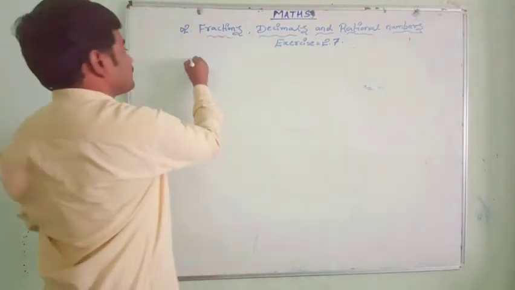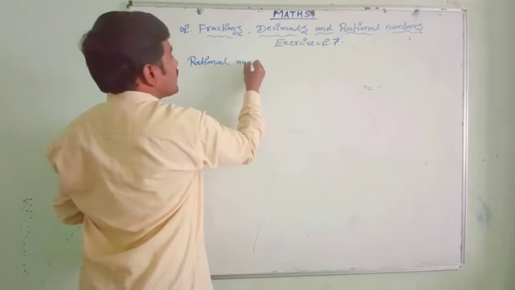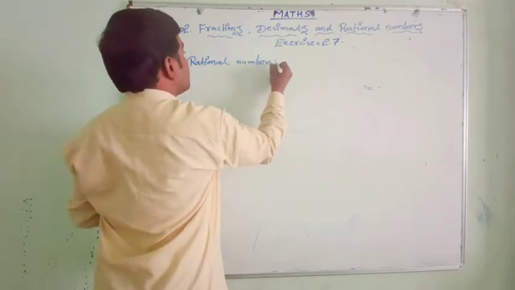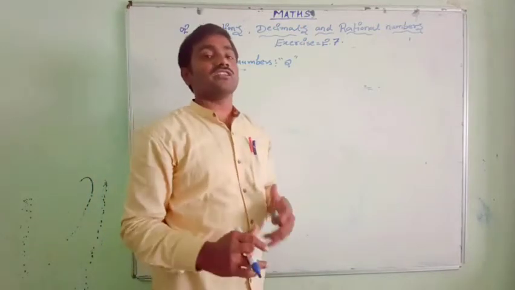Rational numbers are mainly denoted by Q. What is the meaning of a rational number?